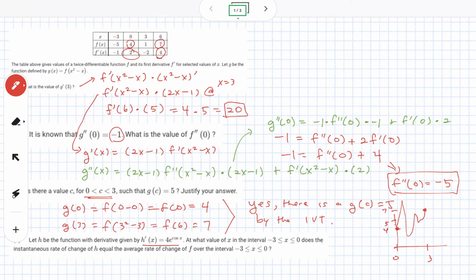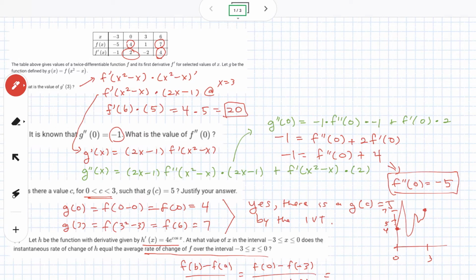Okay, and then for part D, let h be the function with derivative given by h prime equals that. At what value of x, in the interval -3 to 0, does the instantaneous rate change equal the average rate of change? So average rate of change is f of b minus f of a over b minus a.